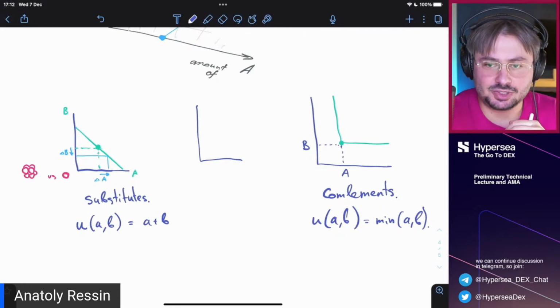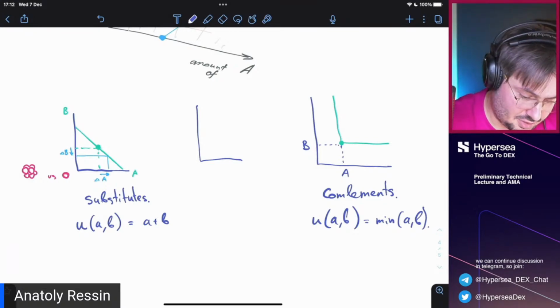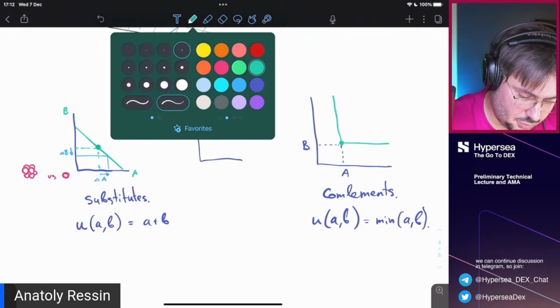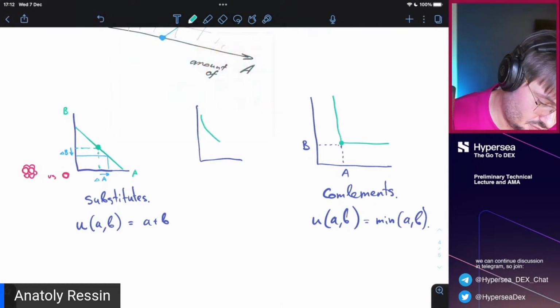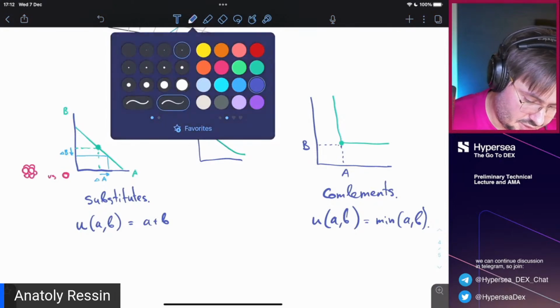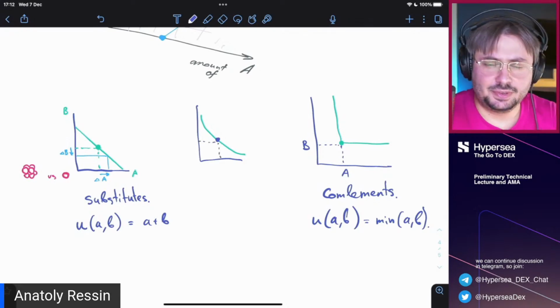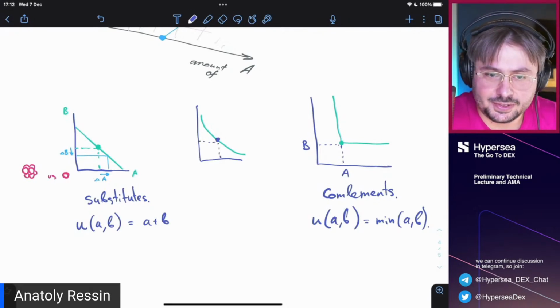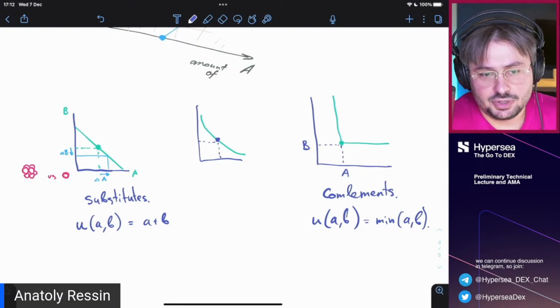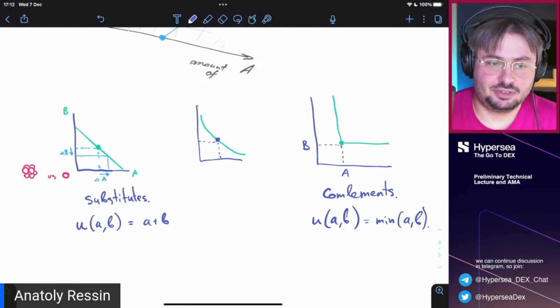These are two poles, but in between them there could be some positions. There could be such situations when objects are kind of semi-substitutes.